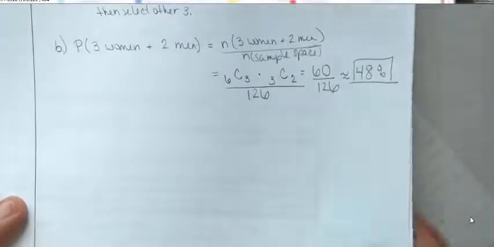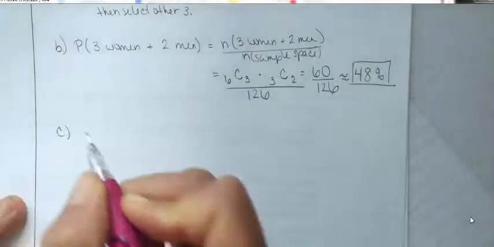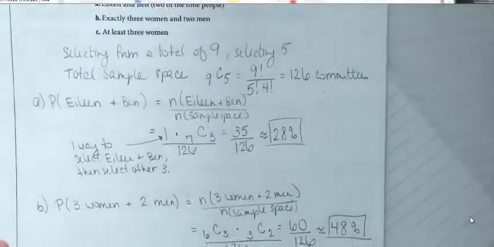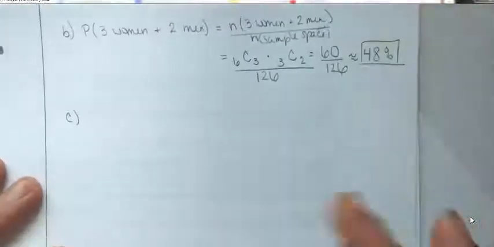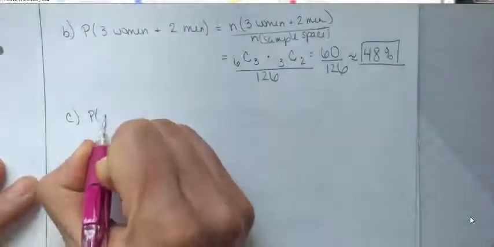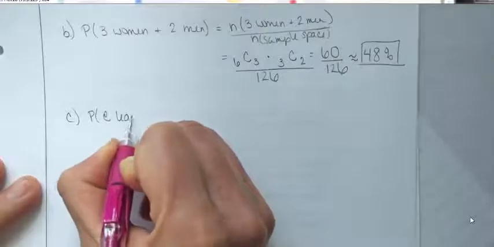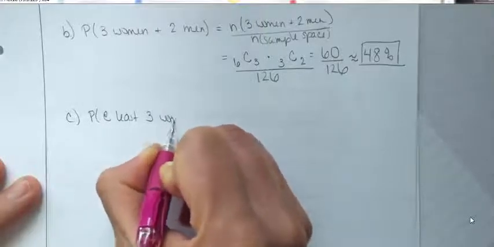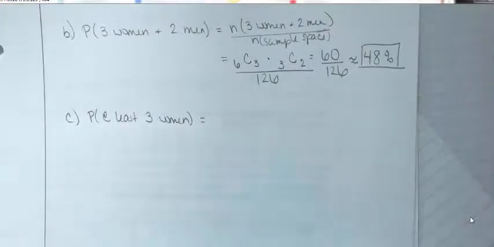Okay, and then the last one, C, you have at least 3 women. So this is the probability of at least 3 women. So that really means I could have 3 women, 4 women, 5 women, right? Could I do 6 women? Nope, because there's only a committee of 5. So you do 3 women, 4 women, or 5 women, right?